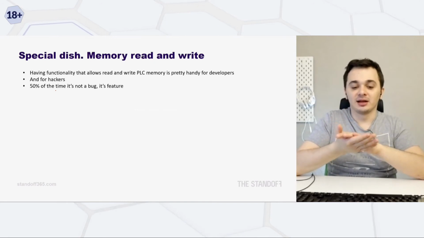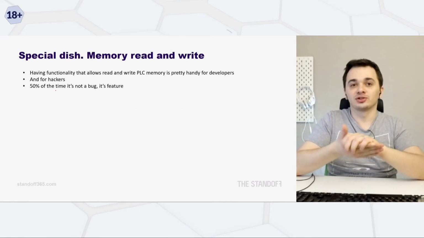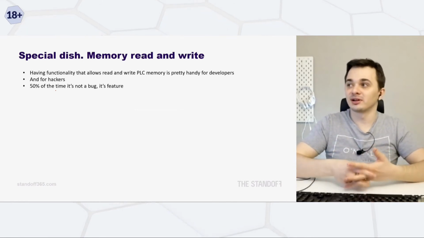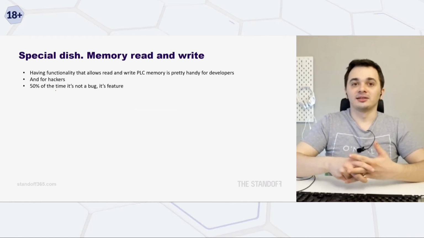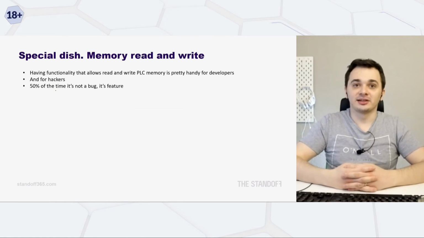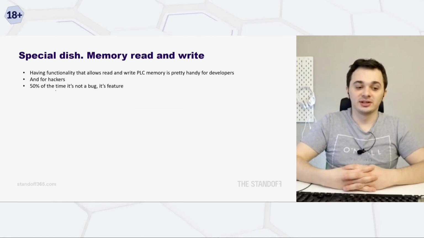Now let's continue our discussion of operating memory read-write operations. This is something we always care about, something that we always look for when we analyze PLCs. Because it's a critical function.